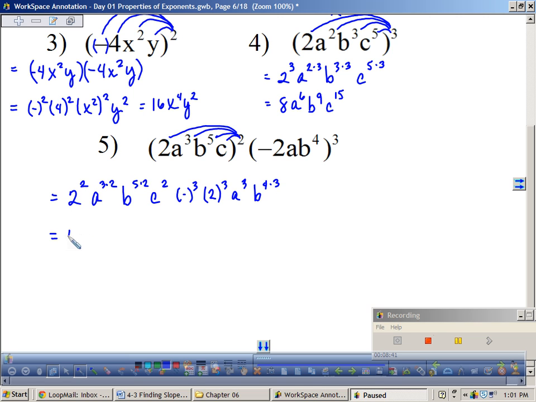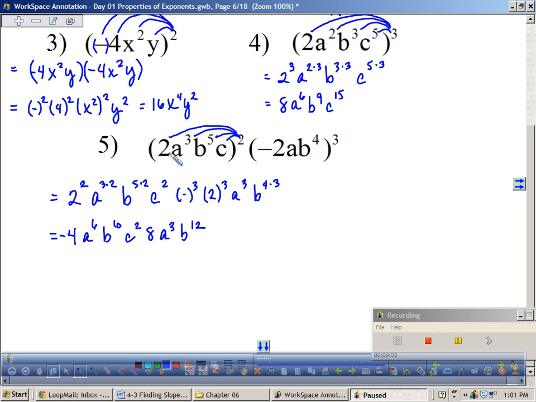So this is 2 times 2 is 4, a to the 6th, b to the 10th, c squared, negative times a negative times a negative. I can just throw a negative out in front there. 2 times 2 times 2 is 8, a cubed, and b to the 12th.